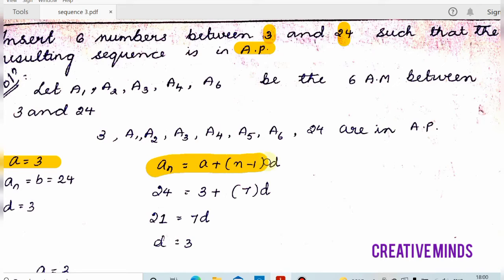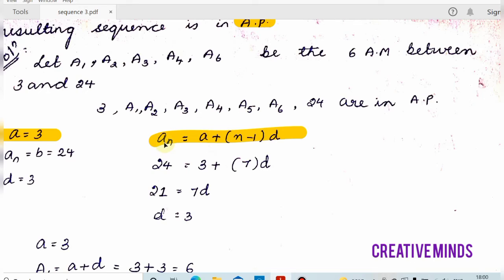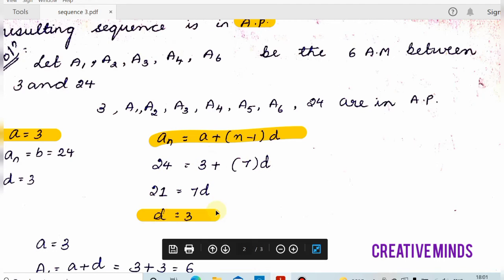We have the formula AN is equal to A plus (N minus 1) into D. 24 is equal to 3 plus... There are 7 numbers here, 6, 7 numbers, so N is 8. So N minus 1 is 7, 7 into D. So 21 is equal to 24 minus 3, 21 is equal to 7D. So the value of D is 3.